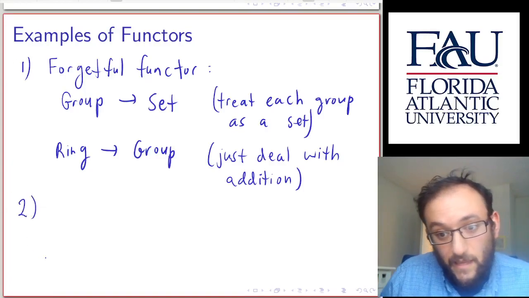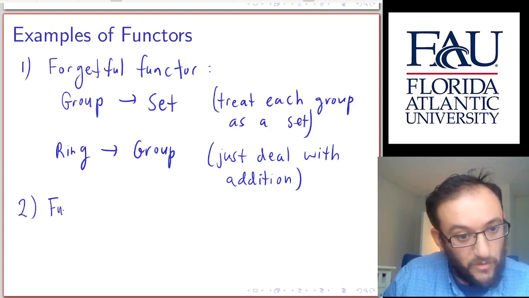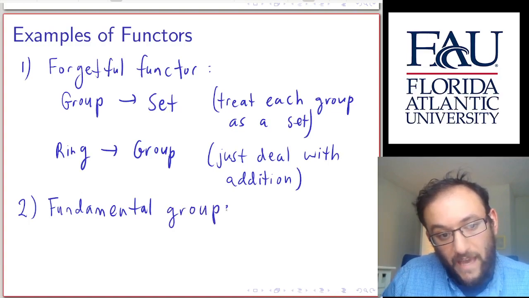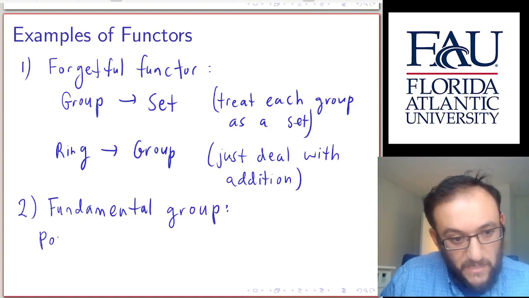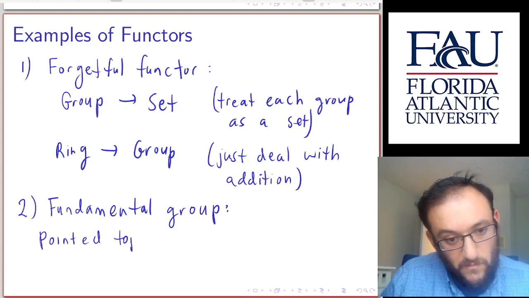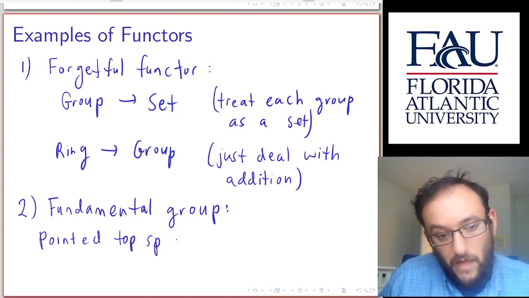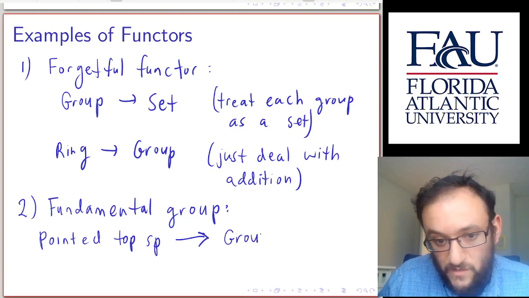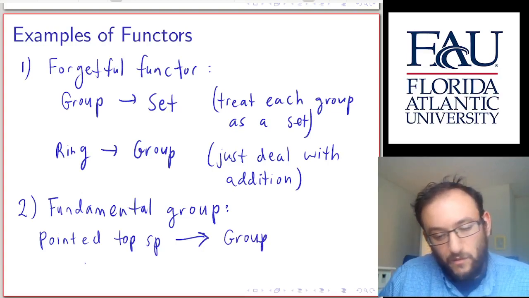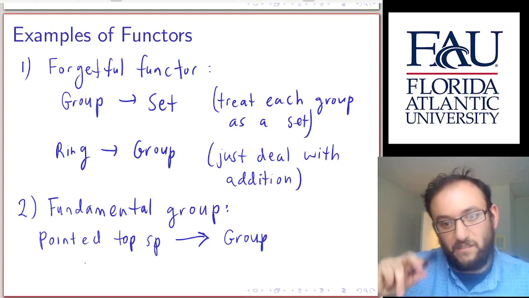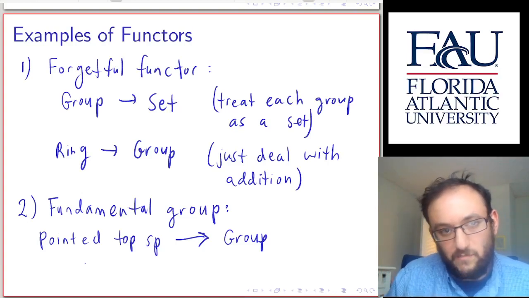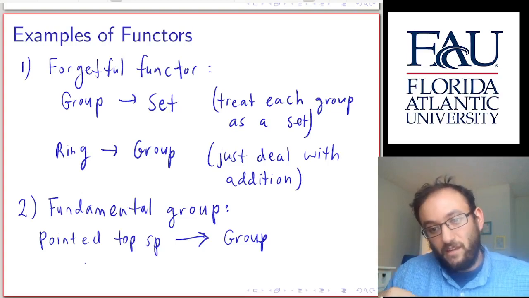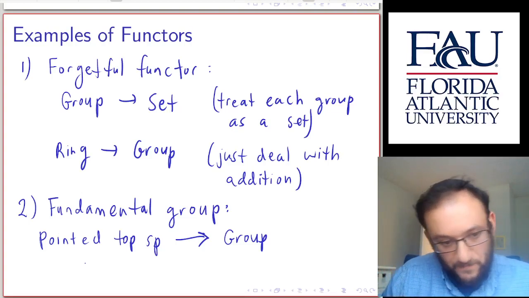A second example, which is a little less trivial, is the fundamental group. If you look at the category of pointed topological spaces, you can consider this a functor to the category of groups. And you need a point here because the fundamental group is defined given a base point, and it's basically the group of loops based at that point with concatenation of loops as the group operation.